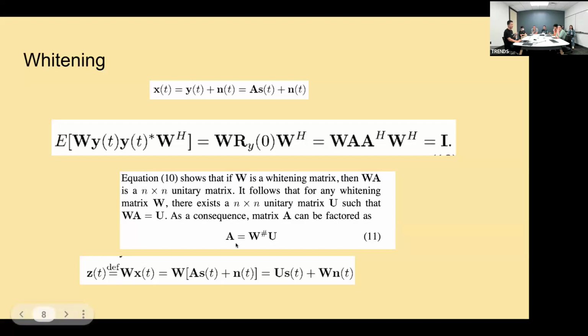So we can represent A equals W transpose times U. The problem of finding W inverse is trying to find an orthogonal matrix that can rotate the W transpose back to the mixing matrix A. How can this be achieved?